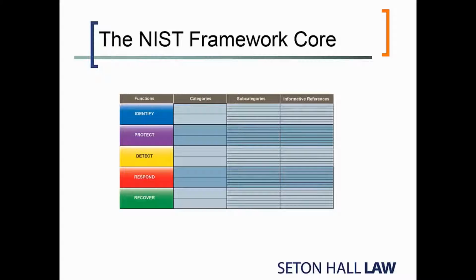So that's the general framework. It's not rocket science, but what it really does is it forces an organization to work through these details, kind of like we did in that tabletop exercise in class, but at a level of a lot more granular detail.